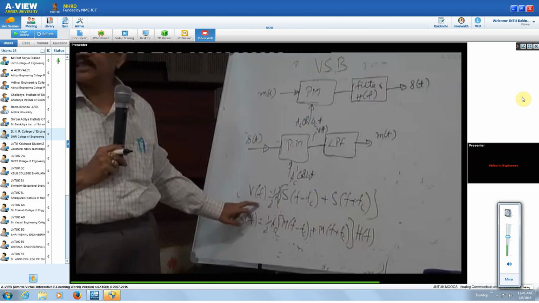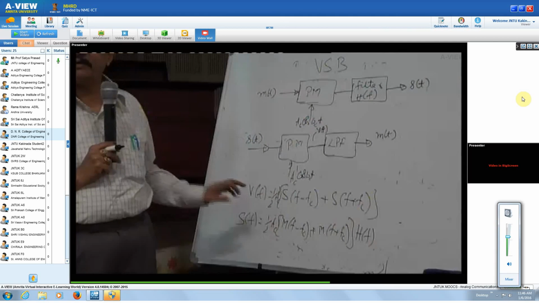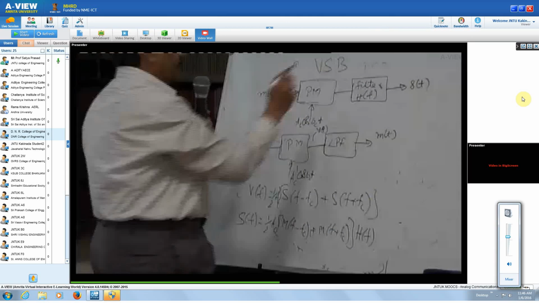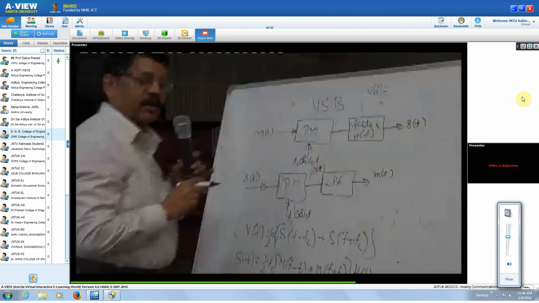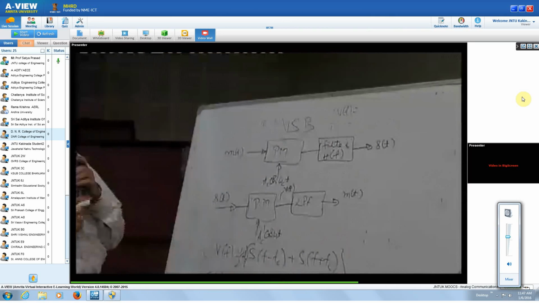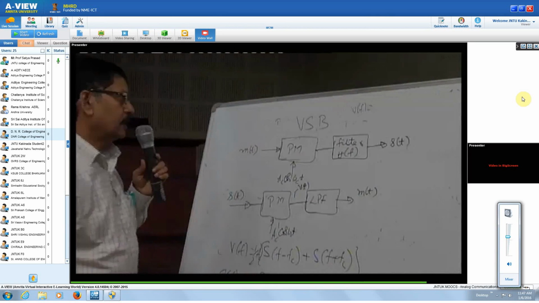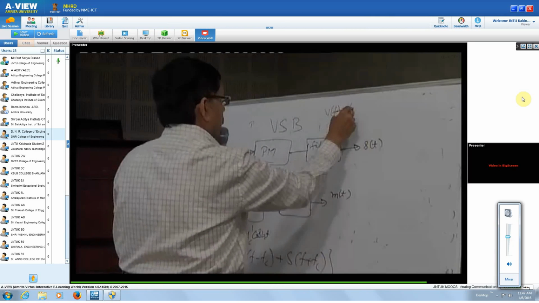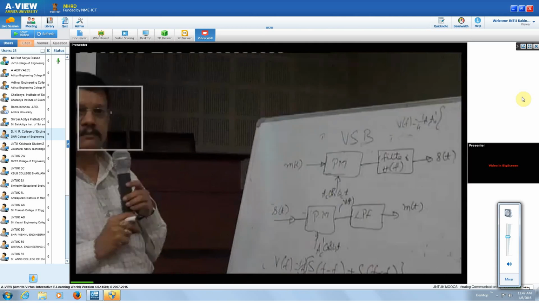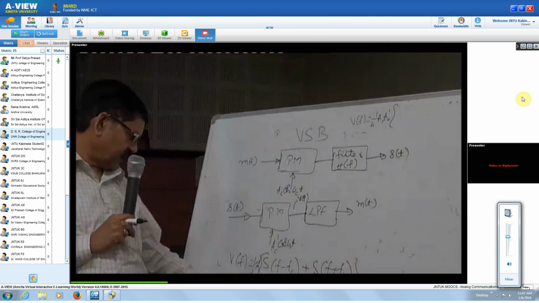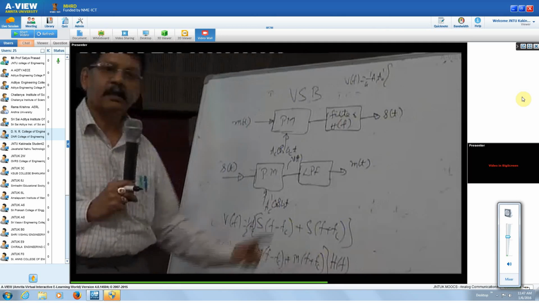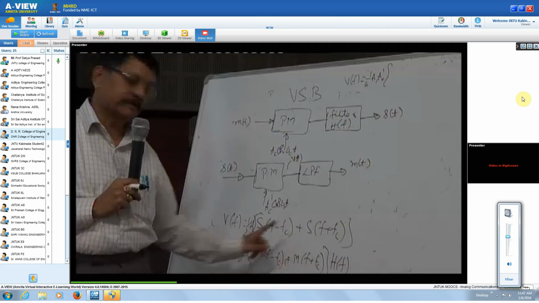So this is the spectrum of the transmitted signal S of f, whereas the output that we are going to have before the low pass filter is this. Therefore, what will be our V of f? This V of f will be equal to 1 by 2 Ac and the shifted version of this S of f. So this we want to shift by minus fc.